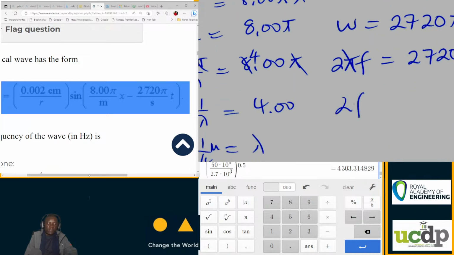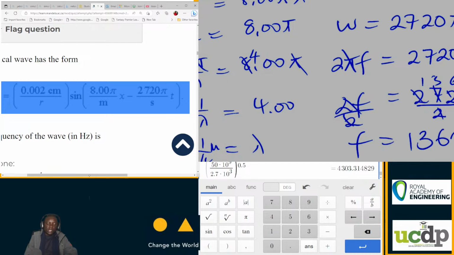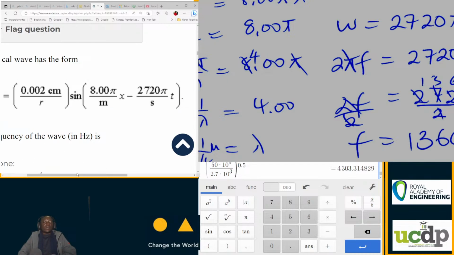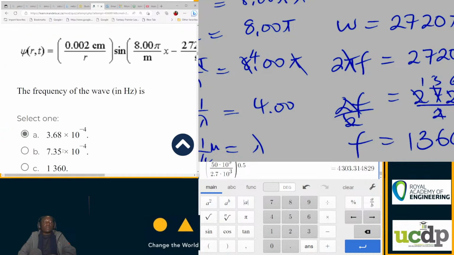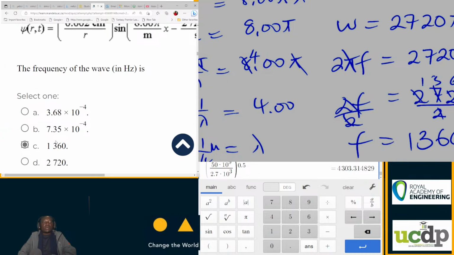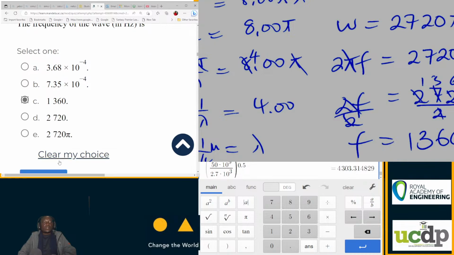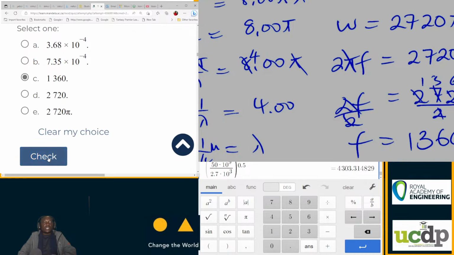Then I have 2f equals 2720, and f is equal to 2720 divided by 2, 1360. The frequency is 1360 hertz. Well done. So we've done justice to this waveform, and we have our frequency there. The frequency is 1360 hertz.